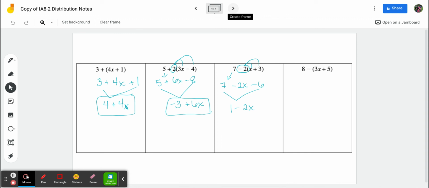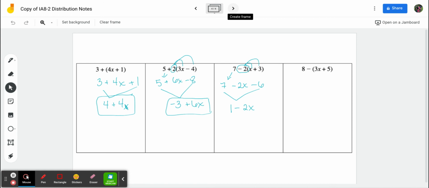So I would refer to that if that's confusing for you. But once you get to this step, when you've multiplied everything out, you're just going to combine like terms. You're adding or subtracting at this point. So we added 7 plus negative 6 to get 1, same as 7 minus 6, and then drop down our negative 2x because we can't combine it with anything.